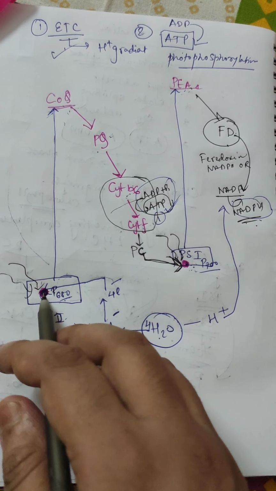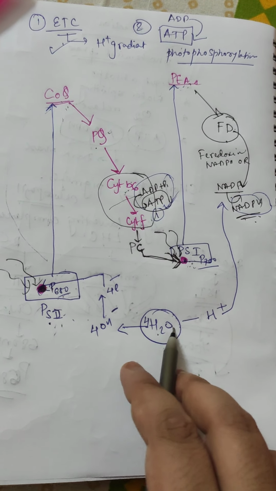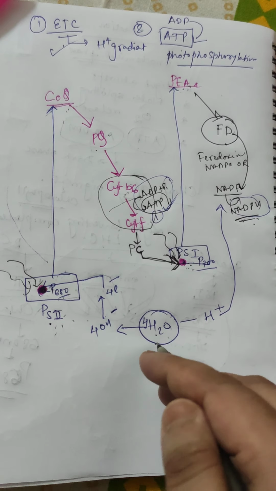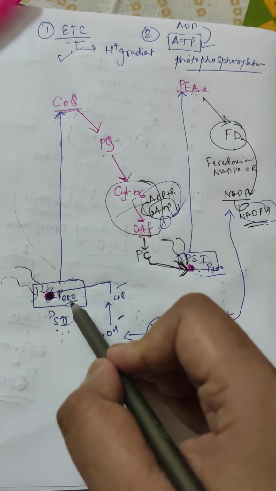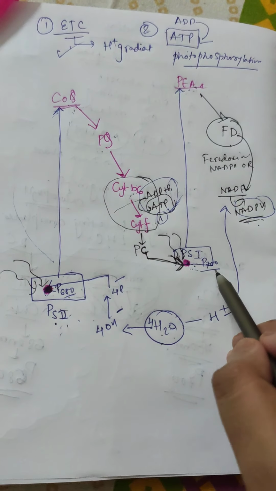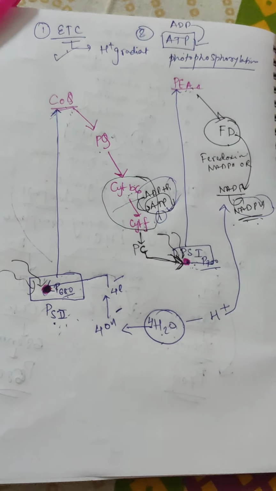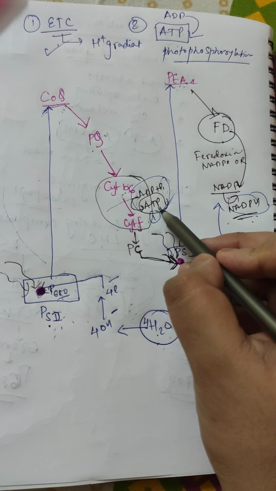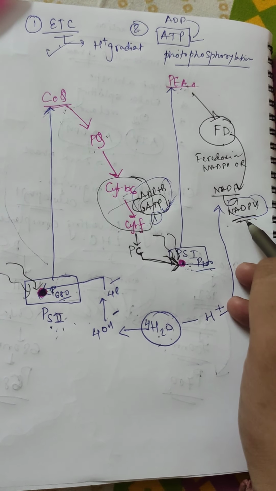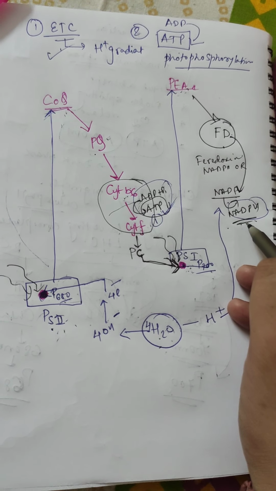The electron hole created over here is filled by water molecules. So apparently the electrons from water move from photosystem 2 to photosystem 1 and ultimately to NADP, and in the procedure there is production of ATP and then production of NADPH.